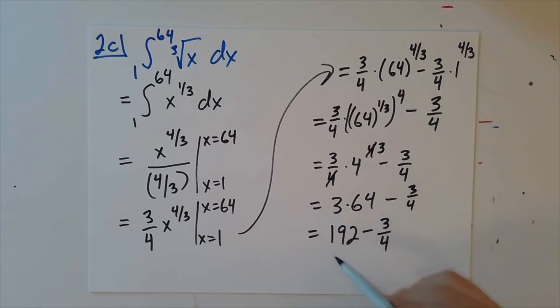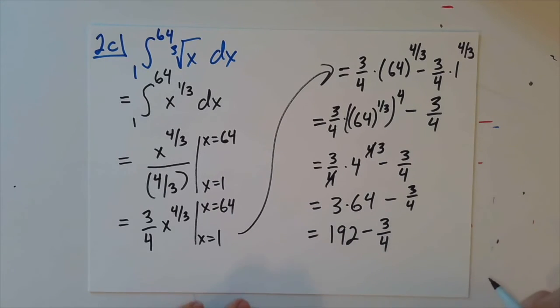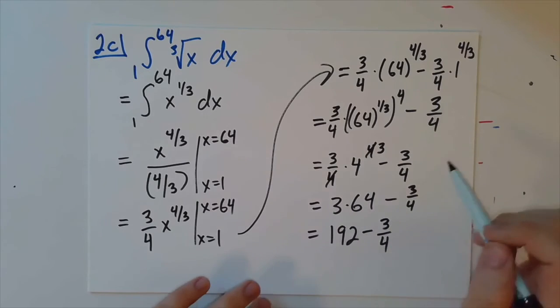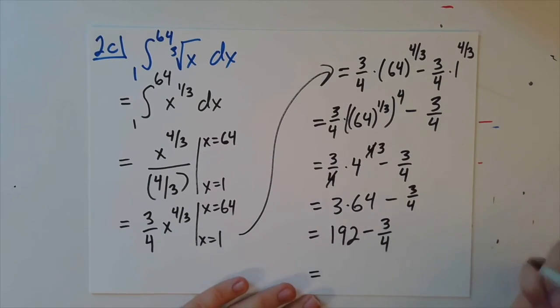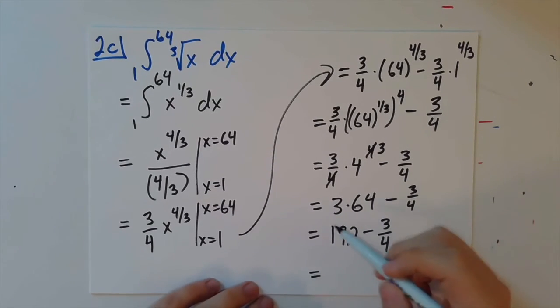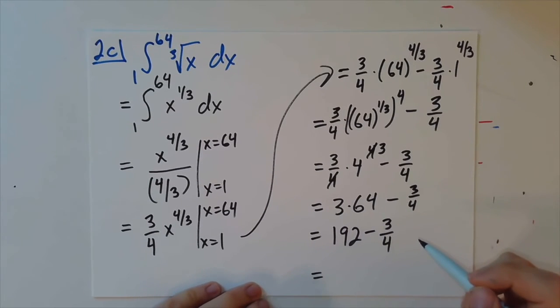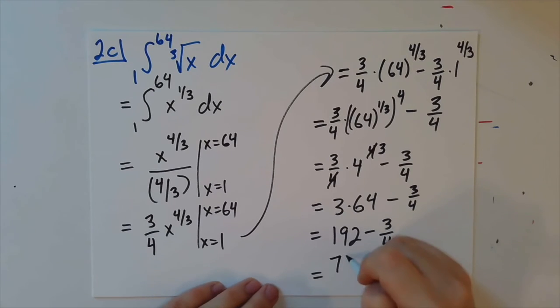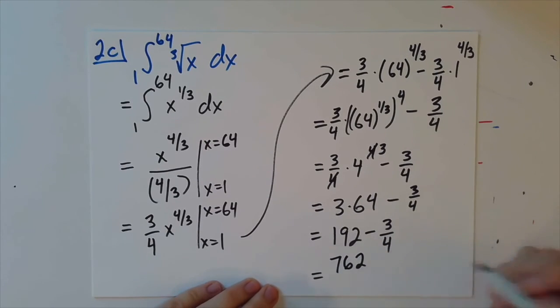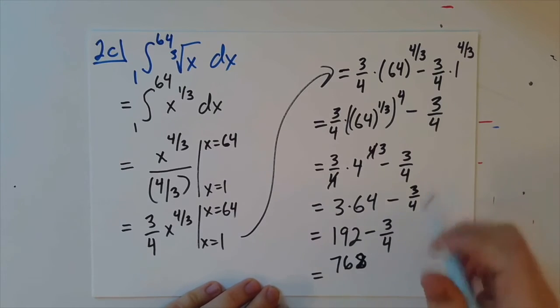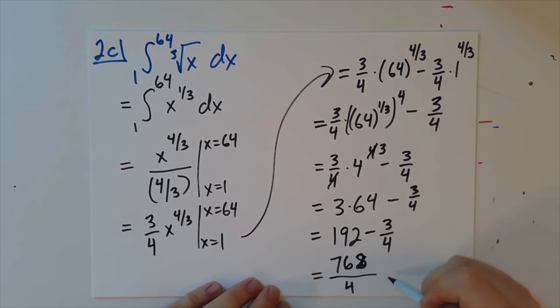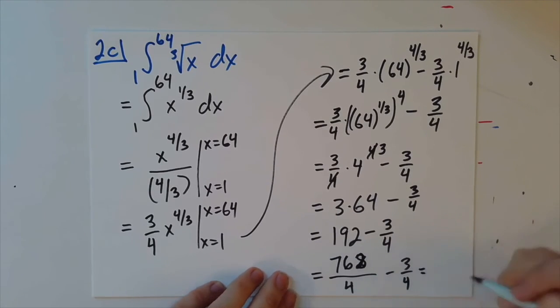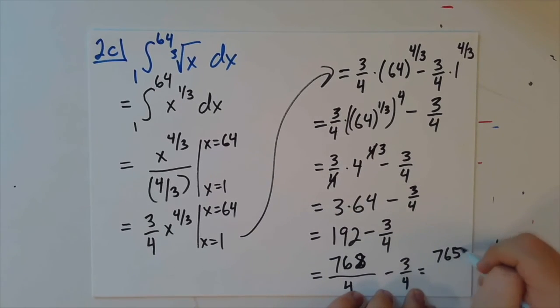And if you want, you can rewrite this as being over one denominator, just over 4. That'll leave me with some ridiculously large number, but let's go for it. So this will be 768 over 4 minus 3/4, which will be 765 over 4.